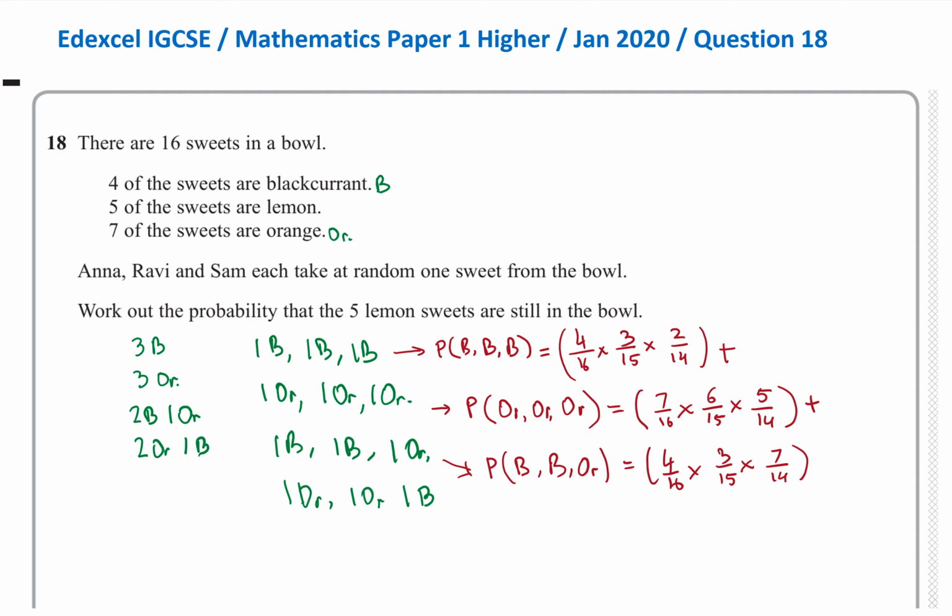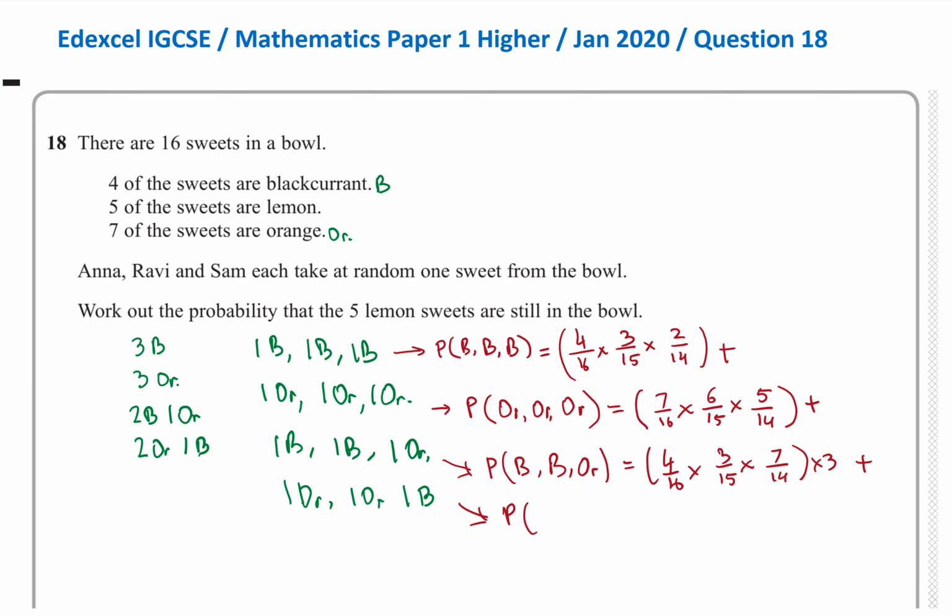Now to this we'd have to add the case where the first sweet picked is a blackcurrant, and the second sweet picked could be an orange, so that would be 7 out of 15, and multiplied by 3 out of 14. The third one is a blackcurrant. So we have to consider all these possibilities, and they're all the same. So we can write this multiplied by 3.